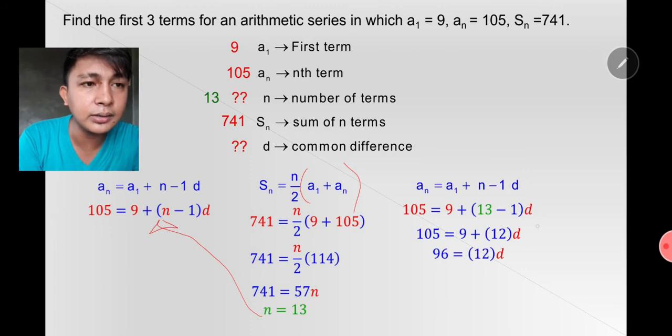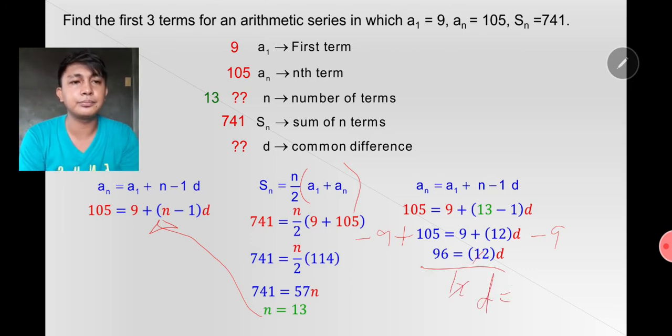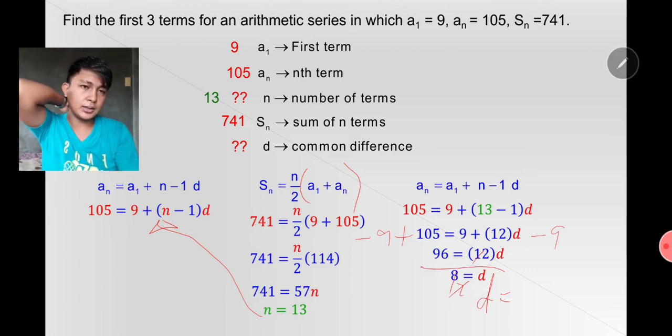Okay, we add negative 9 in both sides of the equation. So we have 96. We divide both sides by 12. So we have D equals to 8. So the difference now is 8.